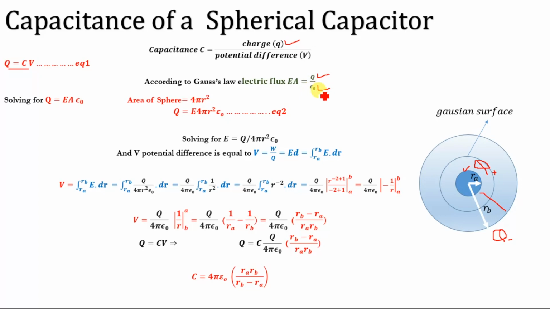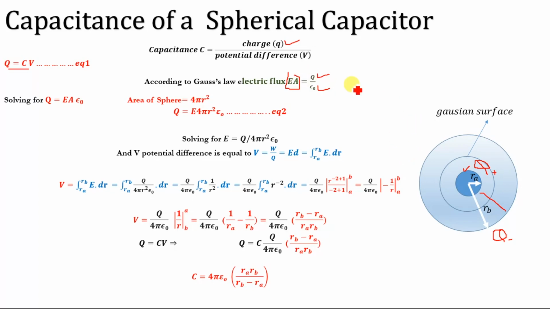Epsilon naught is the permittivity of free space. So the electric flux, which is E times area, is equal to Q divided by epsilon naught, where E is the electric field and A is the area through which the electric field lines are passing.